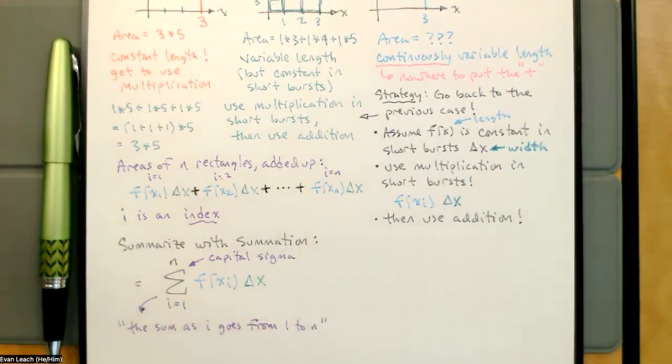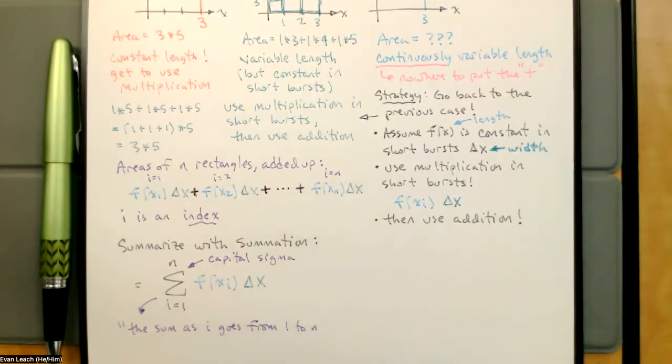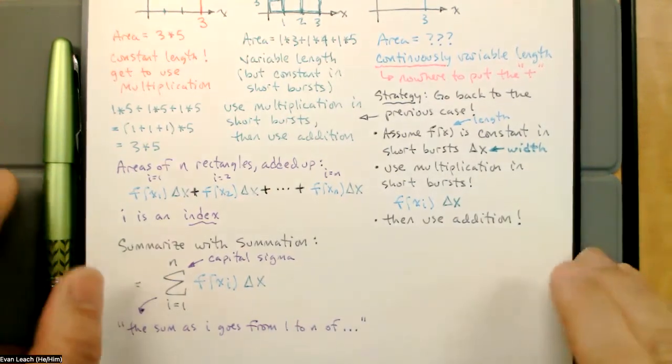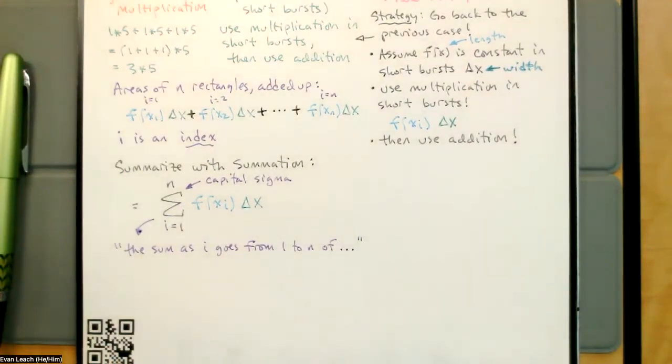That's how we would read that notation. The sum as i goes from 1 to n of f at xi times delta x.